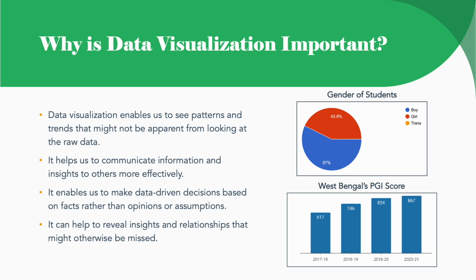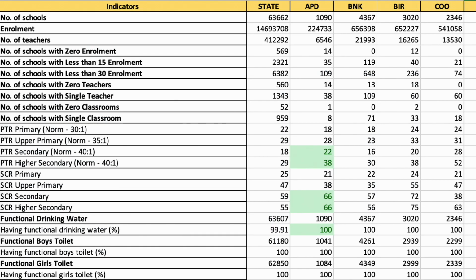So it helps us reveal insights and relationships that might otherwise get missed if you just have rows and columns full of data. Now, if you look at this, it's just rows and columns full of data. It's an Excel sheet and there's some conditional highlighting here, which is something we talked about in our previous modules.